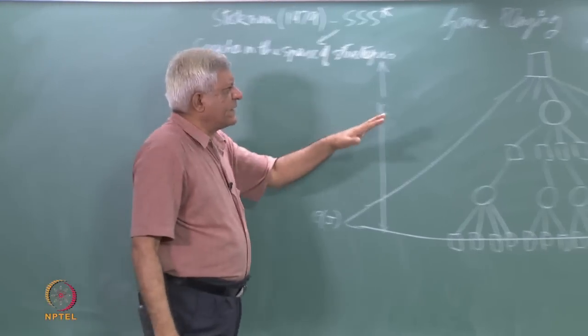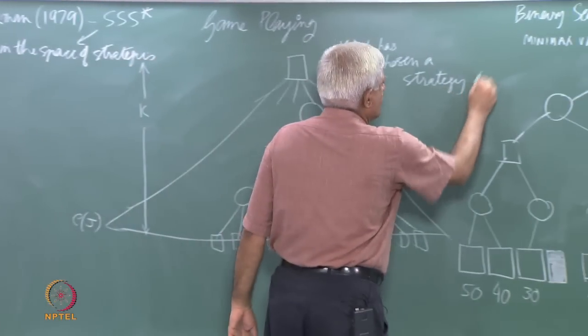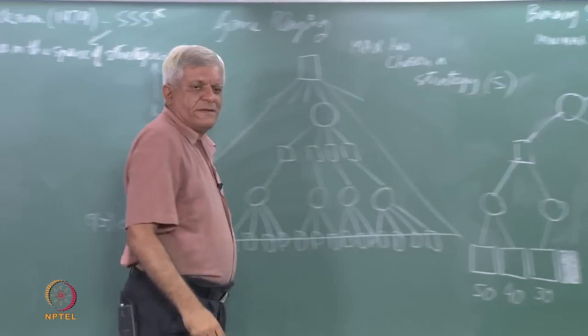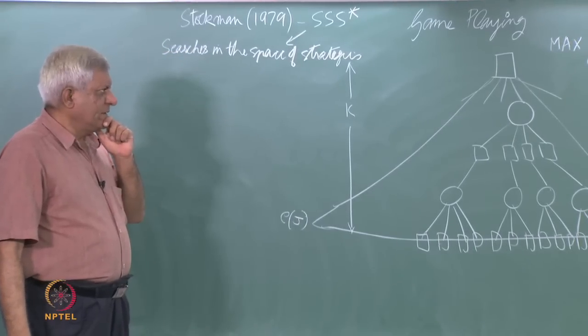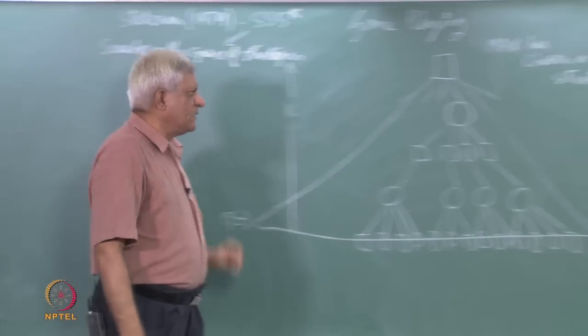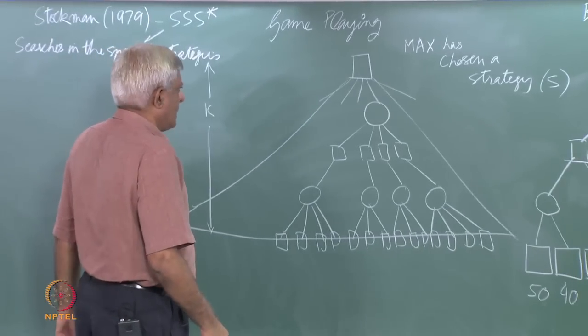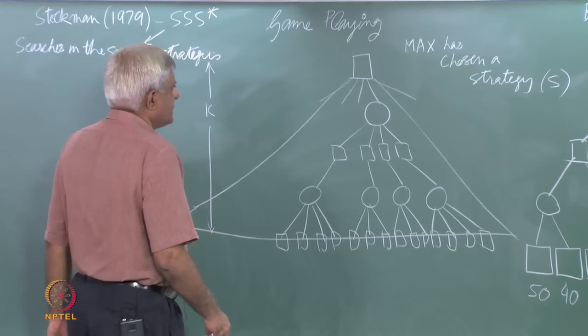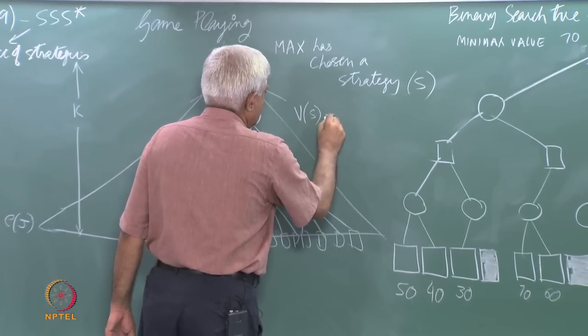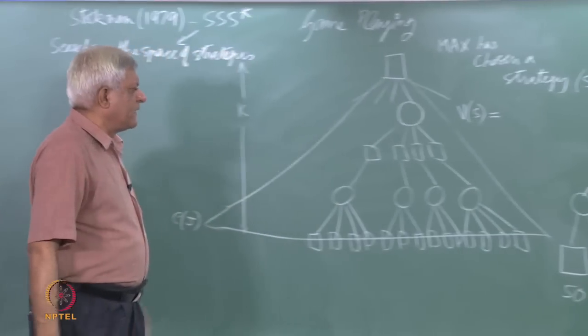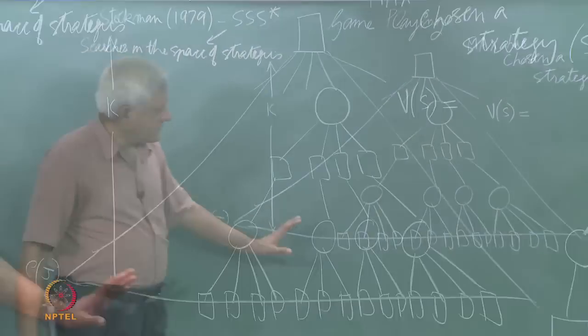So, let us say this strategy that Max has chosen, let us call this S, and we have discussed this earlier. What is the value of this strategy? The value is in terms of the leaf nodes that Max has taken into account.